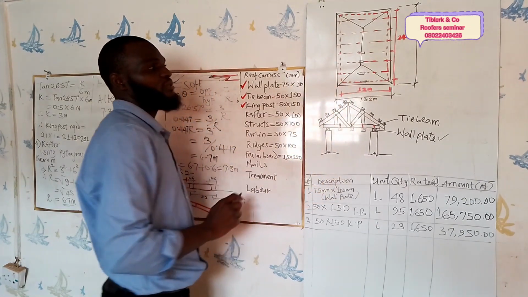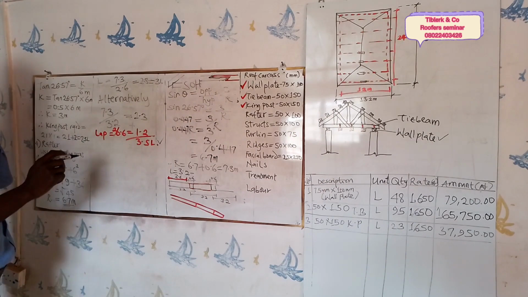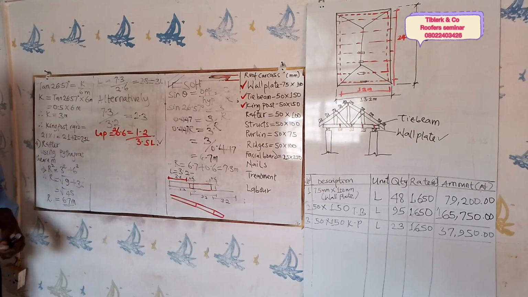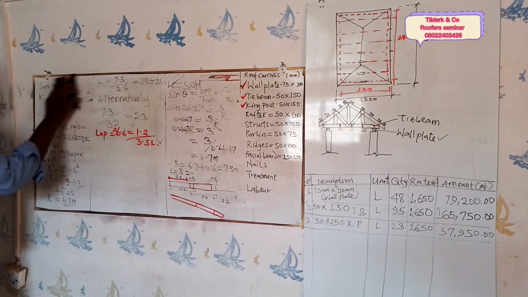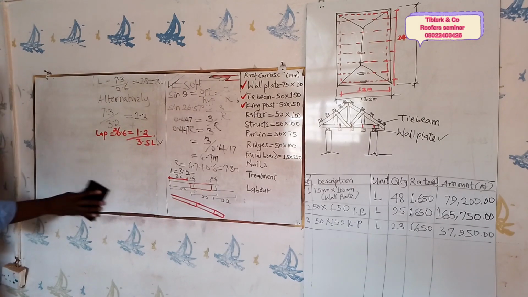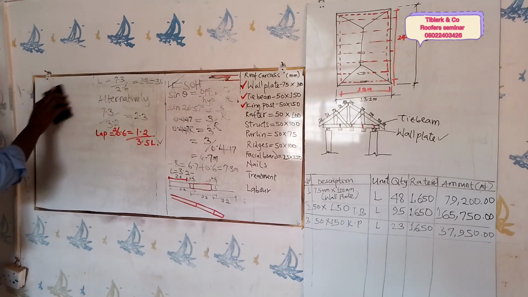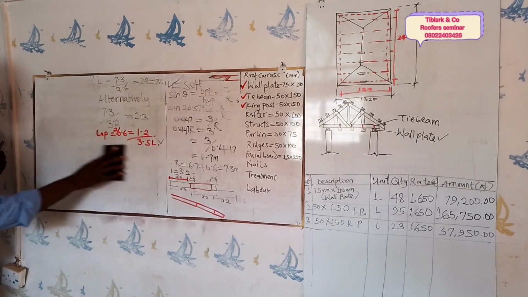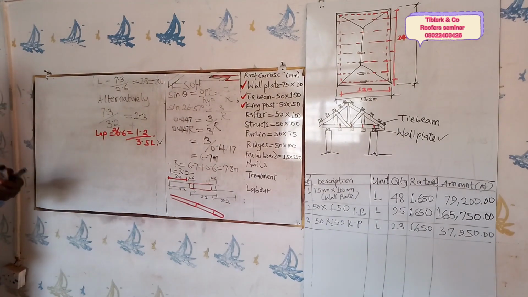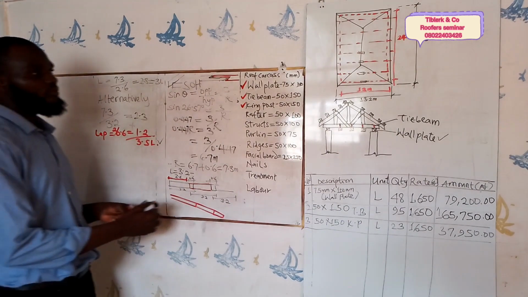Now we know that we need 7 length for each side. I think we still have to do more calculation now.